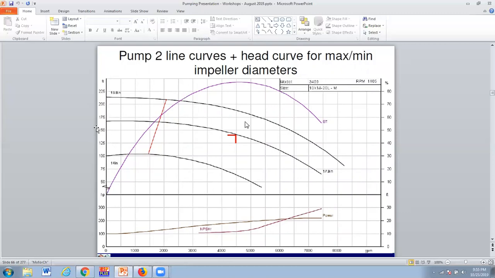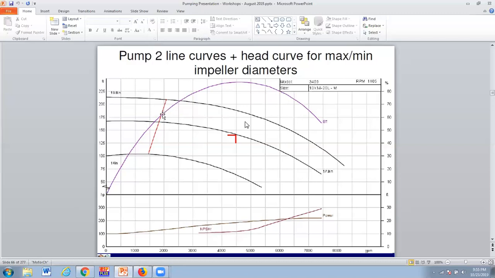Okay, so as a function of the flow rate, you can read the efficiency, and the efficiency is read over here on this axis. So that's the efficiency curve. This is the actual pump curve, so this would be the maximum impeller. This is the one that got selected at this point, and this is the minimum impeller diameter.